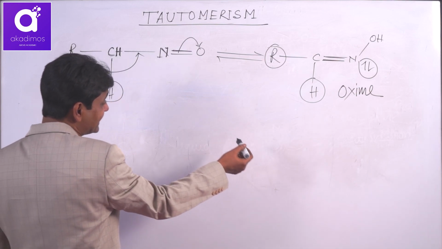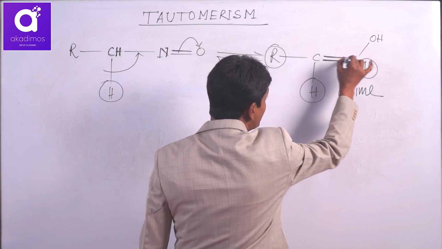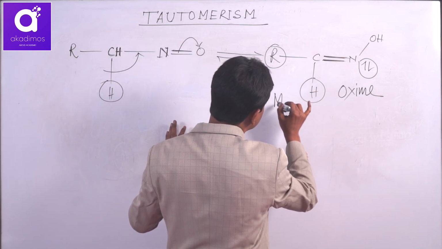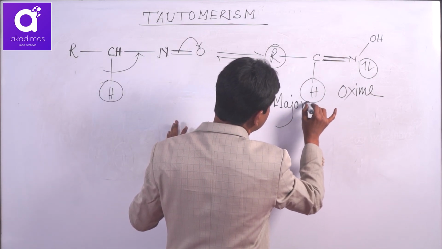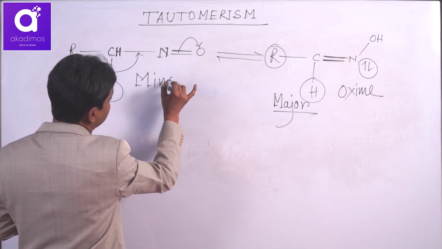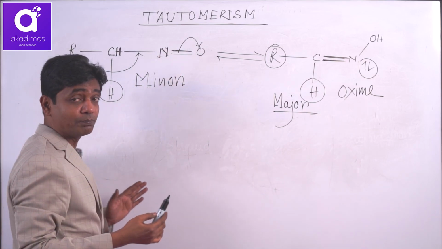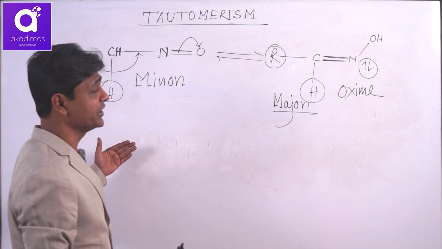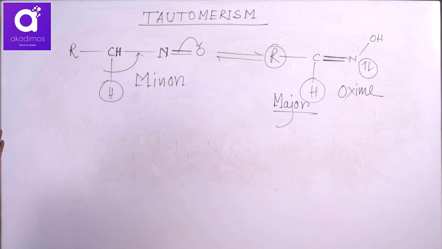And surprisingly, here the oxime is more stable than the nitrosyl form, and this one is always major. It has a major contribution, and the nitrosyl contribution is minor. Remember it. That means any nitrosyl compound, if there is alpha hydrogen, will participate in tautomerism. Nitrosyl compound will give the oxime structure.